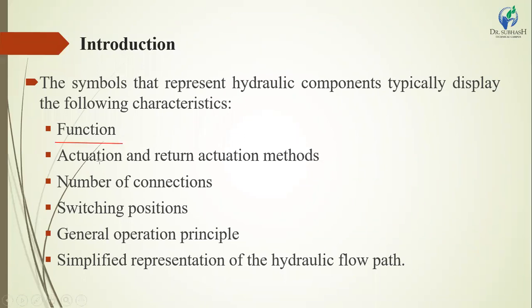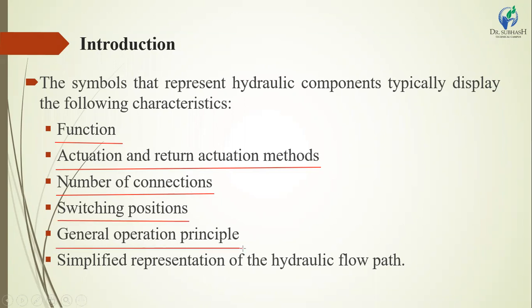It represents the actuation and return actuation method, meaning the working fluid inlet, outlet, flow of working fluid, number of connections available (one, two or more than two connections in the component), switching position, on/off condition, and general operation principle. The working condition of any hydraulic symbol or component part can be simply represented by the hydraulic symbol.